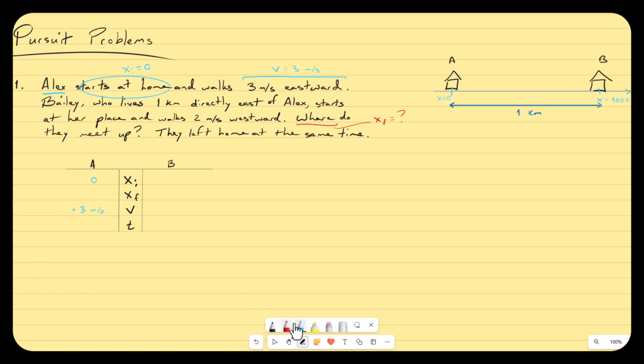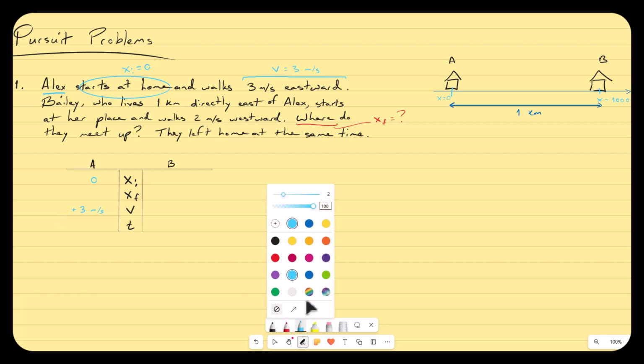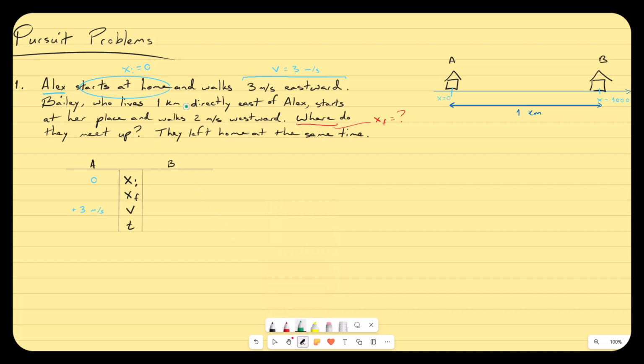So now Bailey, I'll do Bailey's in a different color. Bailey lives 1 kilometer directly west of Alex and starts at her place. So she is going to start at her house, which is at x equals 1,000 meters.